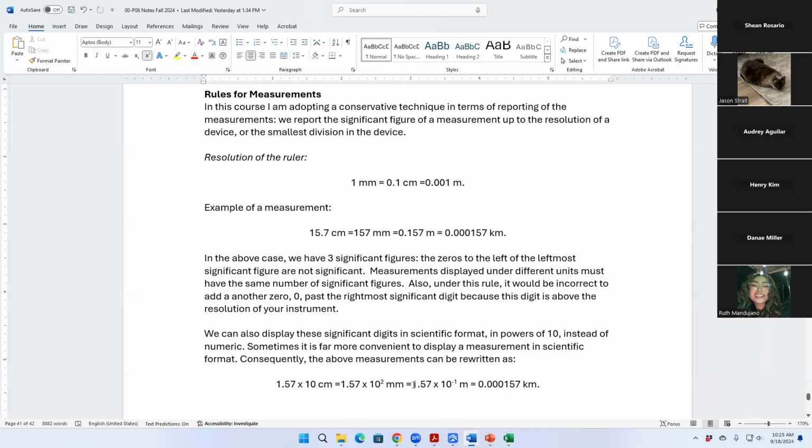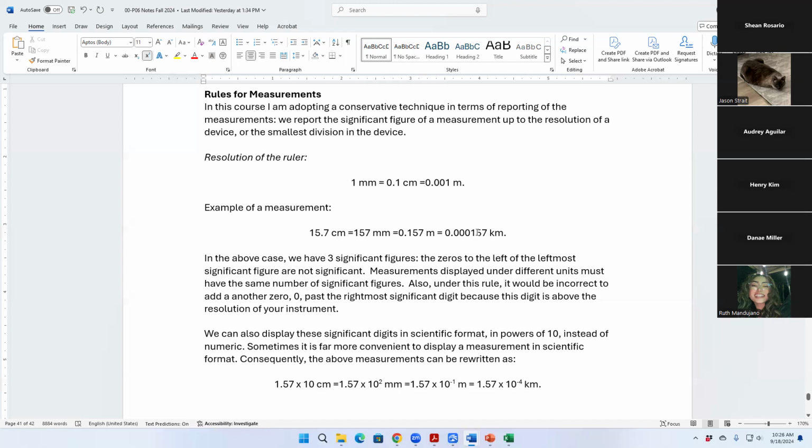And if I write that in kilometers, now it's going to be 10 to what? Minus 4. All right? 10 to the minus 4. Is it right?